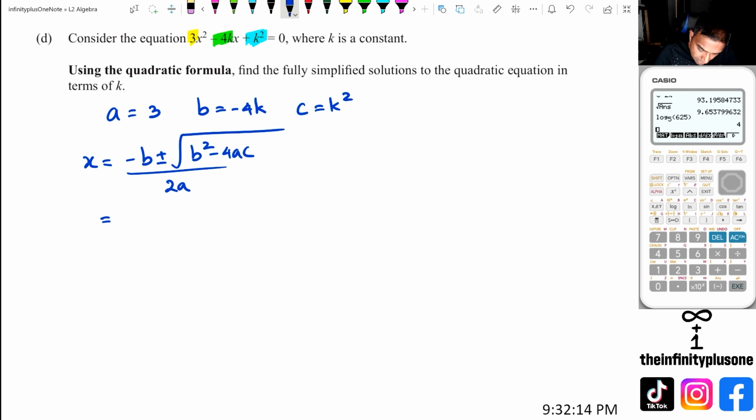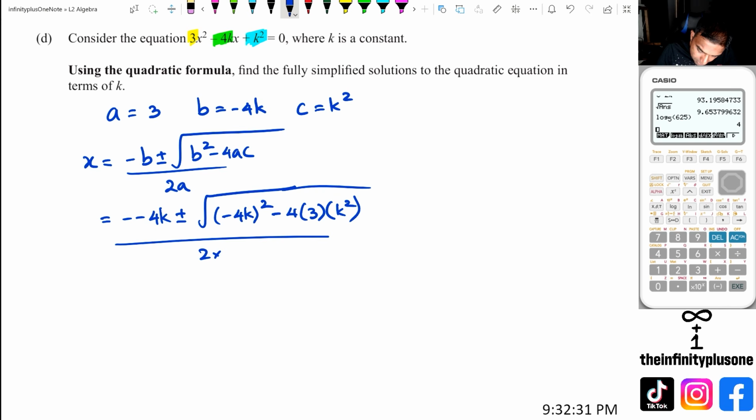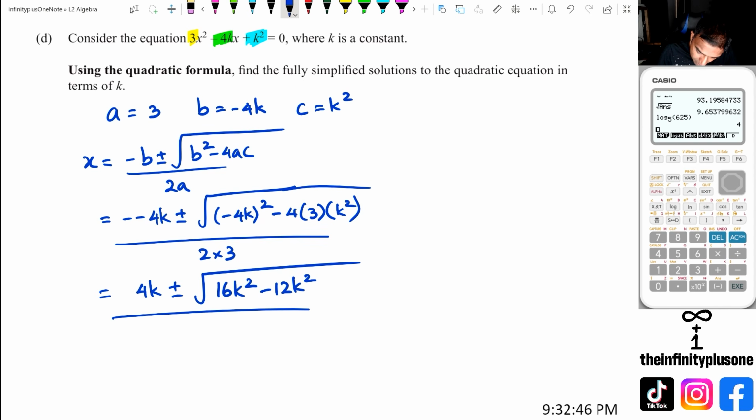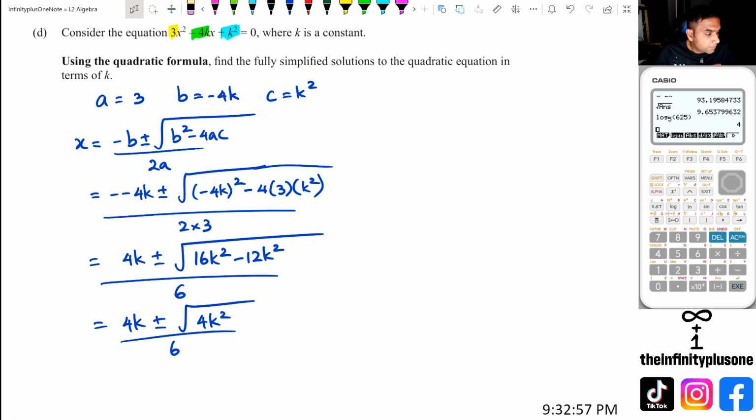So negative b means we're going to get 4k plus or minus the square root of negative 4k squared minus 4 times 3 times k squared, divided by 2 times 3. So we've got 4k plus or minus the square root of 16k squared minus 12k squared, divided by 6. So we've got 4k plus or minus the square root of 4k squared divided by 6, and we're just going to keep going.